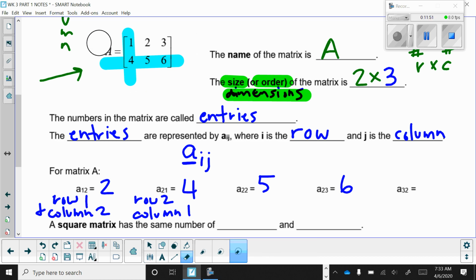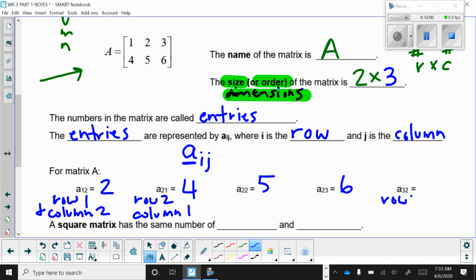If you did have trouble, you were thinking about it correctly. So this is asking me for the entry that's in row 3, column 2. Well, that's a problem because there isn't a row 3. There's only 2 rows. So this does not exist because there's no row 3, okay? Does not exist.